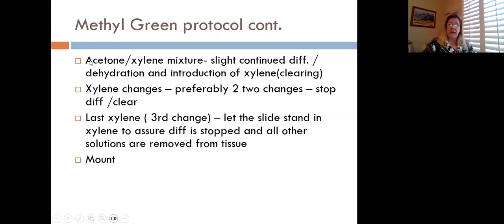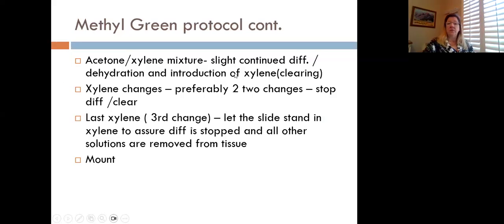Now remember that acetone is universal, so not only is it going to continue to differentiate, but it's also starting that dehydration process. We are not dehydrating with alcohols because alcohols will pull your methyl green.